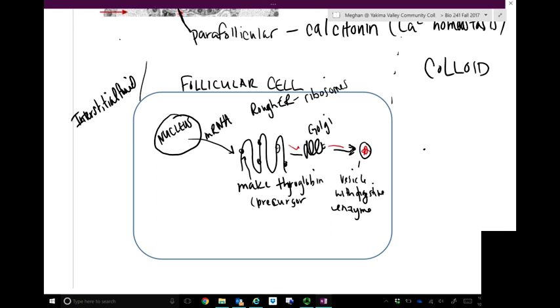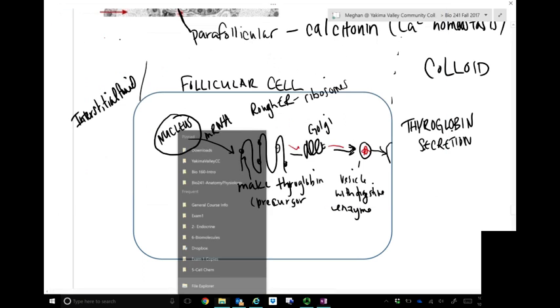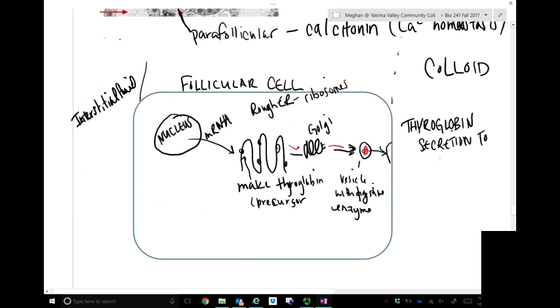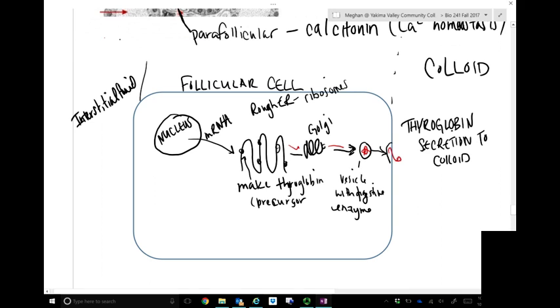And then that thyroglobulin is going to be exocytosed into the colloid. It's no longer a precursor. It's still got to do some modification, but it's thyroglobulin straight up, in the colloid. So we've just got this thyroglobulin that's going to hang out over here.